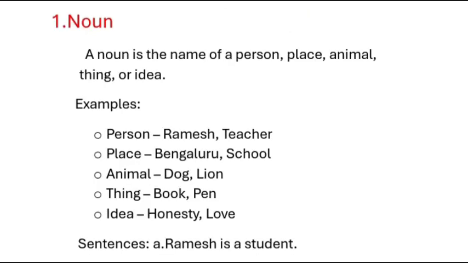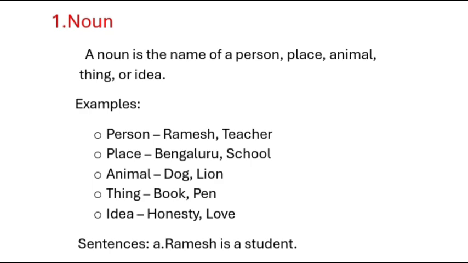First part of speech: noun. A noun is the name of a person, place, animal, thing, or idea. A noun is one of the most important parts of speech in English grammar. Simply put, a noun is a word that names a person, place, thing, or idea.